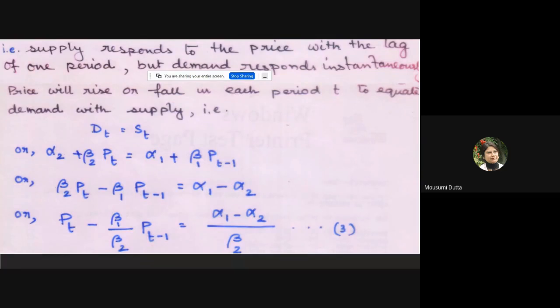As price goes down, if we find that demand is again sufficiently larger than supply, price will go up next day. So if you consider this kind of time-based analysis, if there is excess demand, price will go up at every time point, and that time point may be 1 day, 1 week, 1 month, 1 year, depending on the variable.